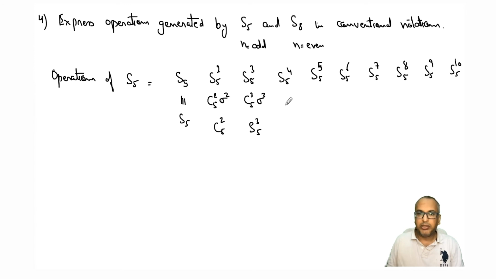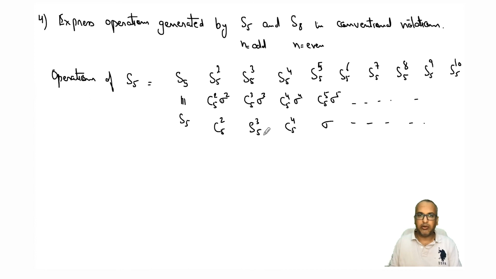Again, this will be C5 to the power 4, sigma to the power 4. This is cancelled, so we will be left with C5 to the power 4. C5 to the power 5, sigma to the power 5, so we are left with only sigma. And so on and so forth. Now you can actually calculate, right? These are the conventional notations for the operations generated by S5.